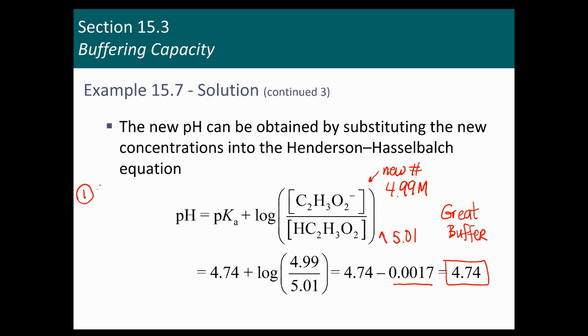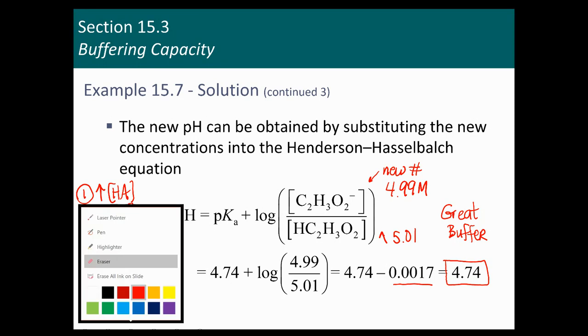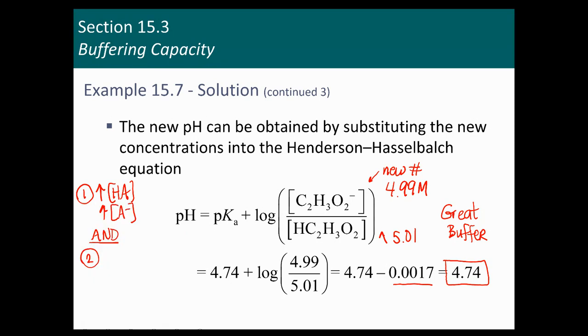So those are our two main points. We want high concentrations of HA and A minus, but that alone doesn't mean we're going to have a great buffer. And we want them to be as close to each other. We want this ratio of A minus to HA to be as close as we can get it to 1.